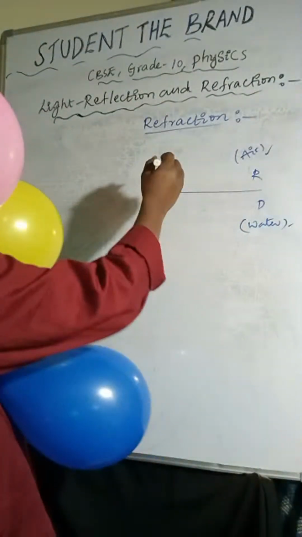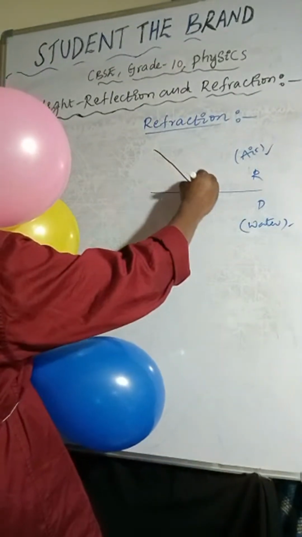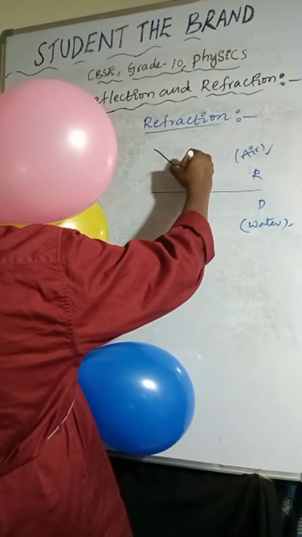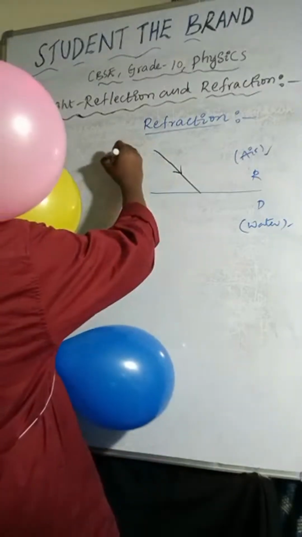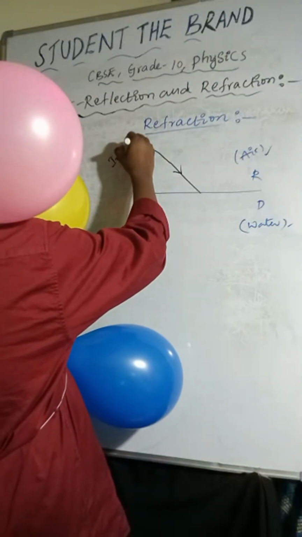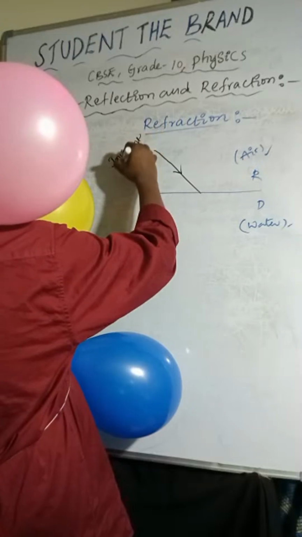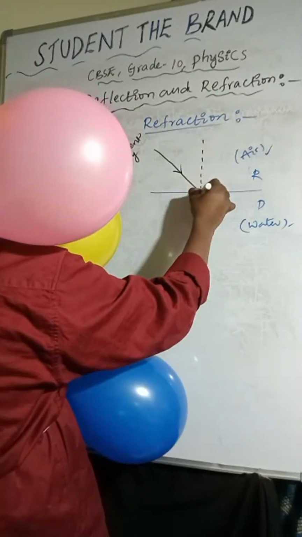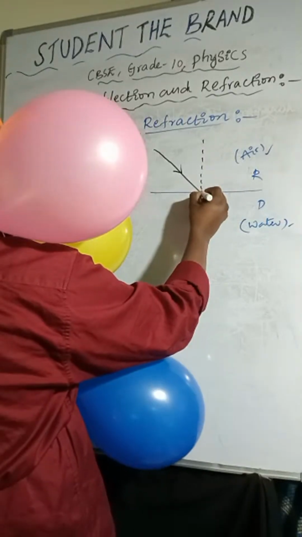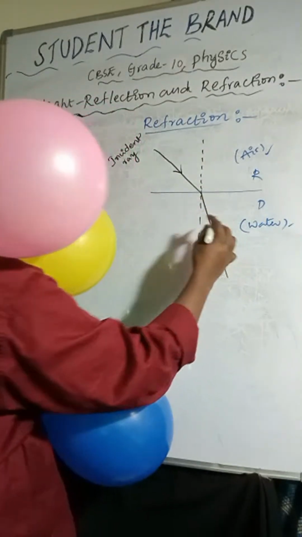So this is the incident ray. Here this is the normal line, and this one is the refracted ray.